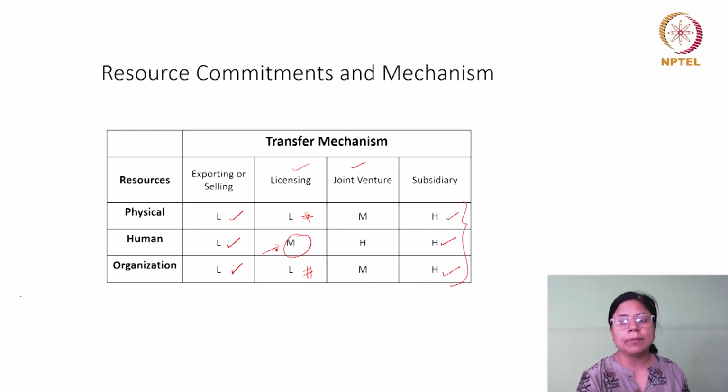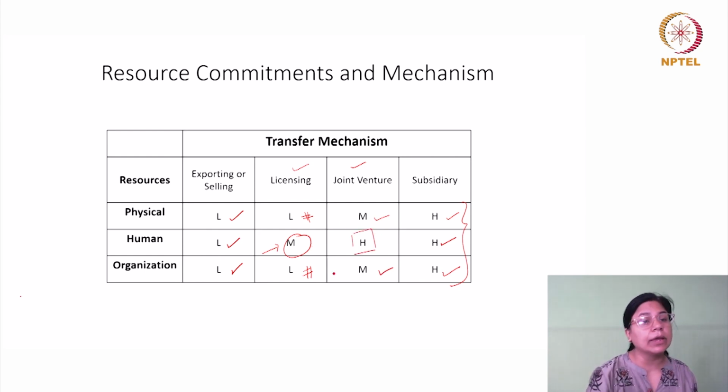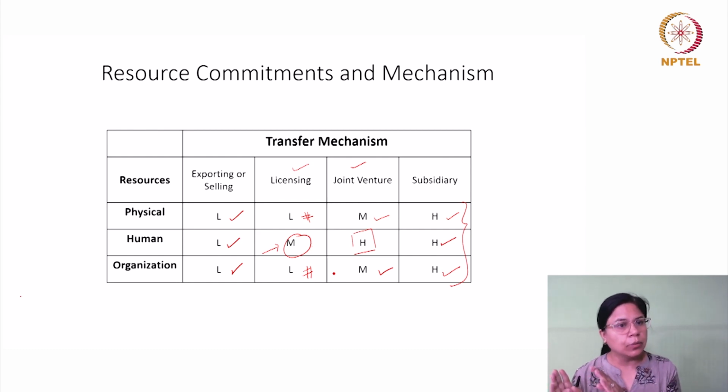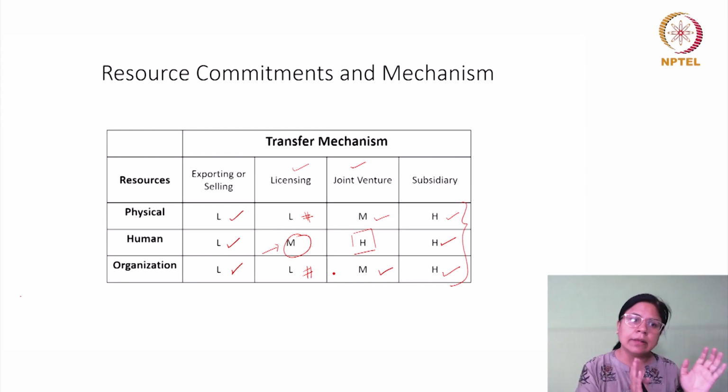In case of a joint venture, you will find that there would be a medium level engagement of the physical resources and the organizational resources. In terms of human resources, there might once again be huge investment or involvement. Now you have to understand, like we have already said, that we are understanding these transfers in the context of companies located in the developed economies supporting their activities in the developing economies.